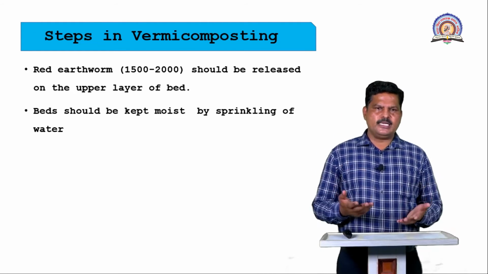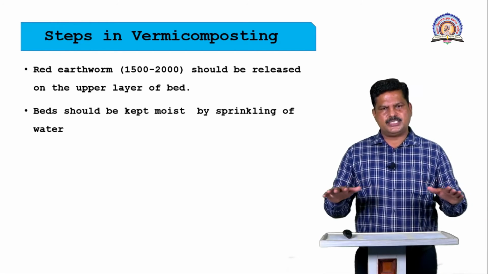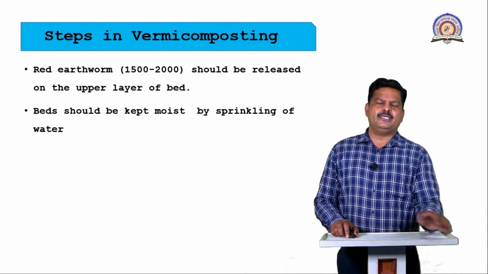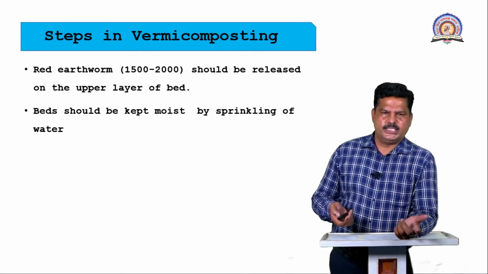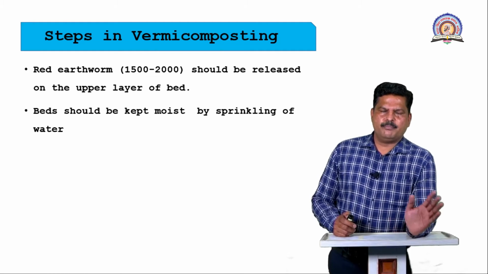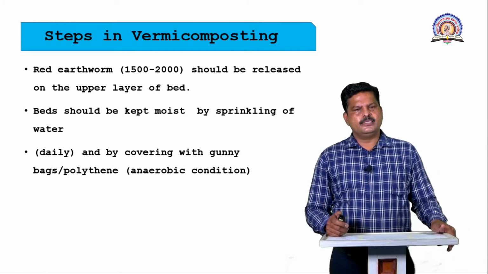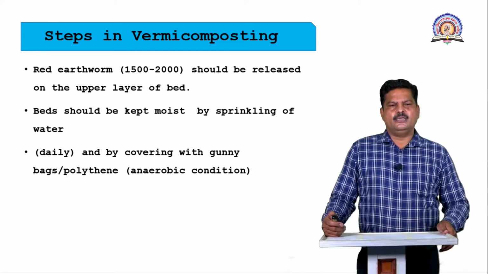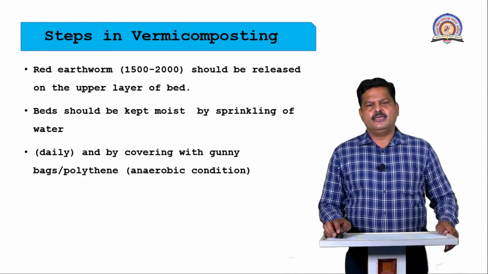Due to sprinkling, moisture and temperature are maintained, so that condition is suitable for the growth and development of the earthworm. Then cover daily with gunny bags or polythene for anaerobic condition.